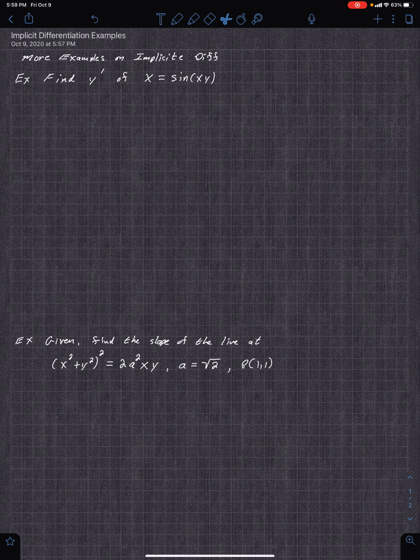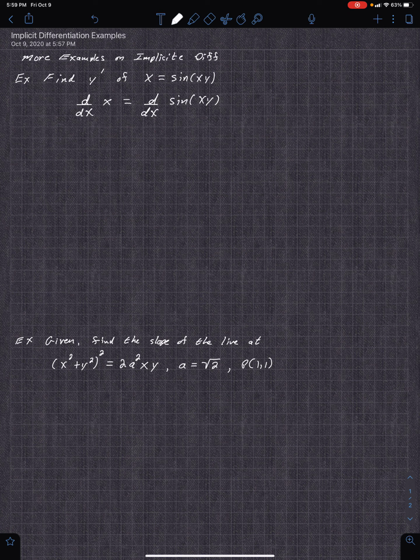So you differentiate both sides. I was going to write this up, but I figured I might as well just make a video out of it. So d/dx on both sides. Of course, that'll just be 1, and then d/dx of sine xy.